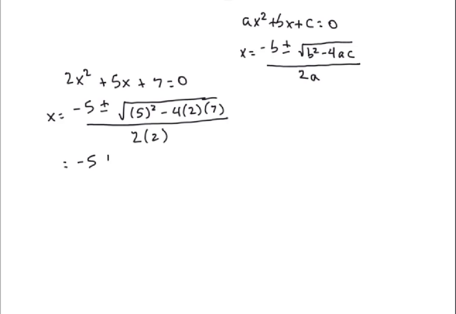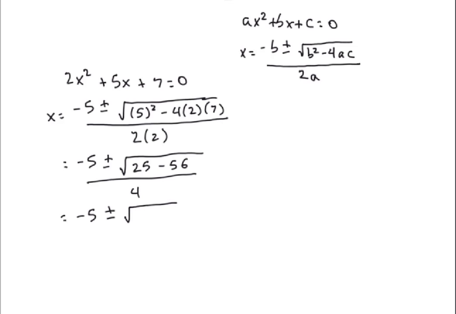Simplifying this, we get negative 5 plus or minus square root of 25 minus 56 over 4. And 25 minus 56 is negative 31 over 4.